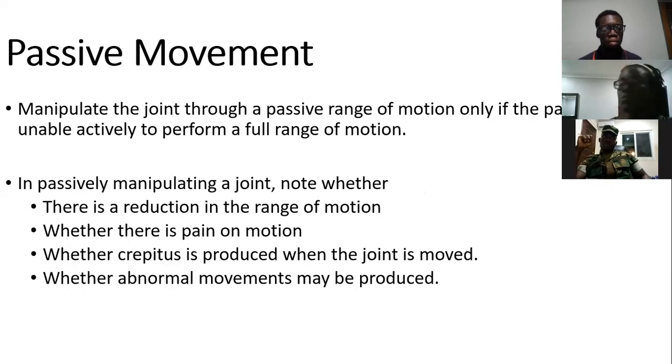Then as you ask the patient to do the movement, you observe, and then you see where the limitation of movement is. So once you observe where the limitation of movement is, then you would do the passive movement. Passive movement is you manipulating the joint through a series of passive movements through the entire range of motion.